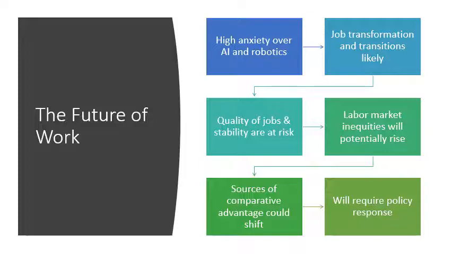We've also talked earlier in the course about shifts in global supply chains because of AI and because of technology. And again, that could change a lot of the way we do business. So what's going to be required? There's going to be some serious structural change, and that is going to require some coordinated policy responses, not only within our own country, but globally speaking.